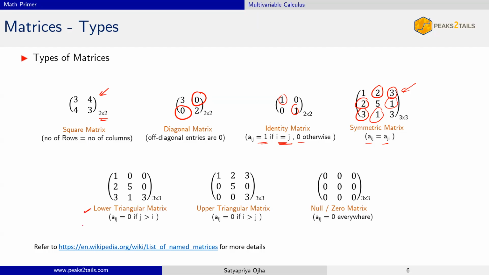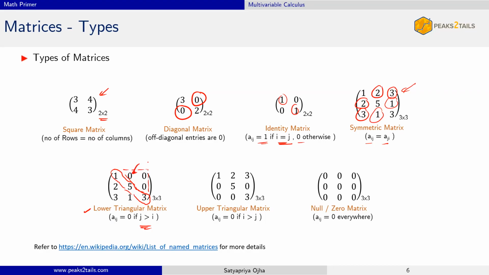Lower triangular matrix. For a lower triangular matrix, the condition is that above the main diagonal, entries must be 0. What is the main diagonal? This is the main diagonal. Above that, everything should be 0. Then it becomes a lower triangular matrix. The condition is if j is greater than i, then it must be 0.